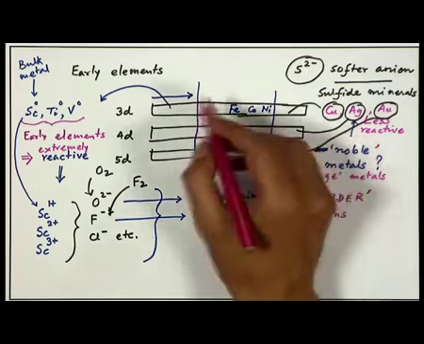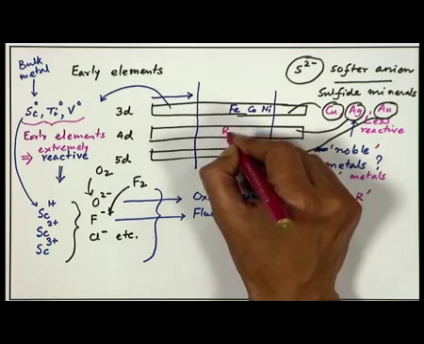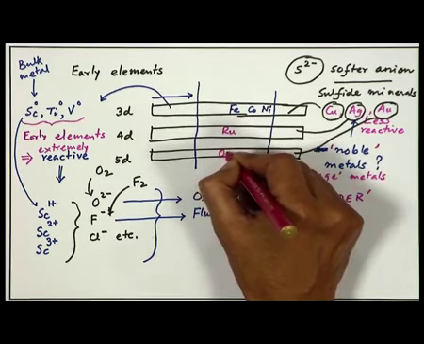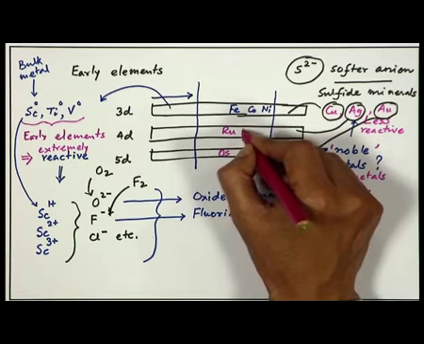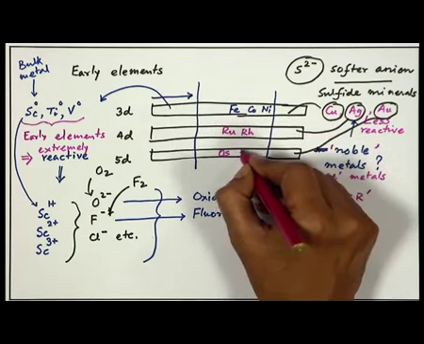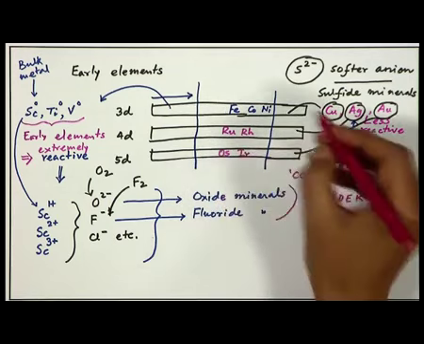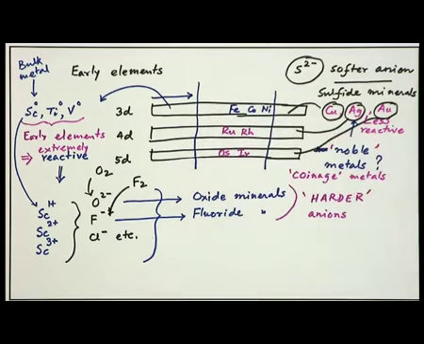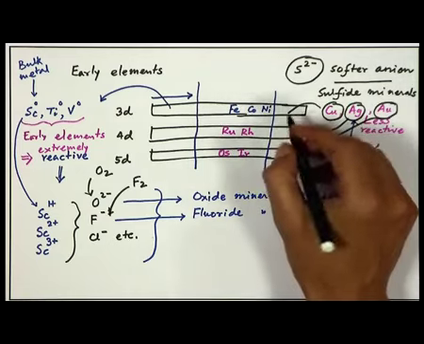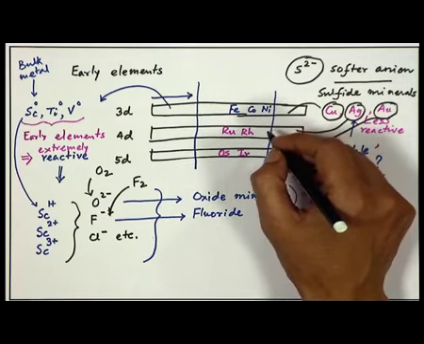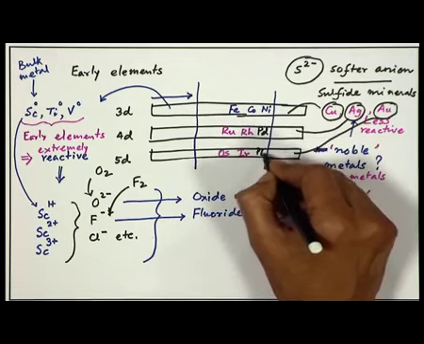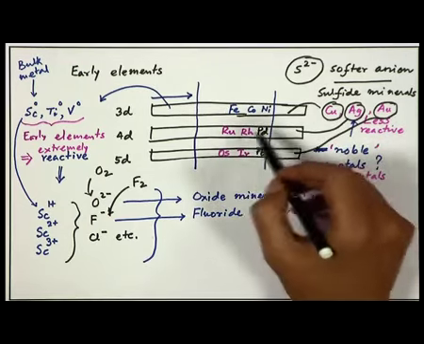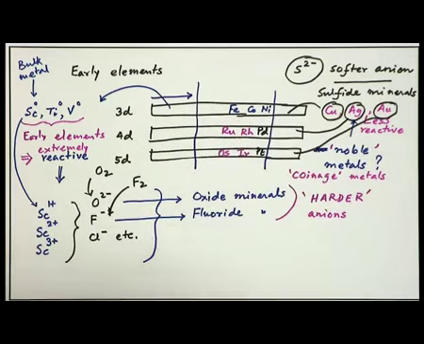We know the other congeners: for iron we have ruthenium and osmium, for cobalt we have rhodium and then iridium, and for nickel the next elements in the periodic table are palladium and platinum.